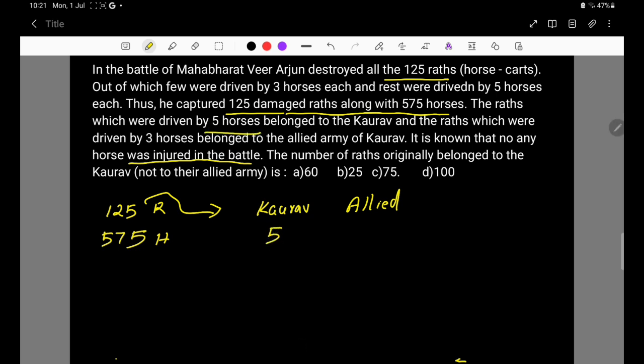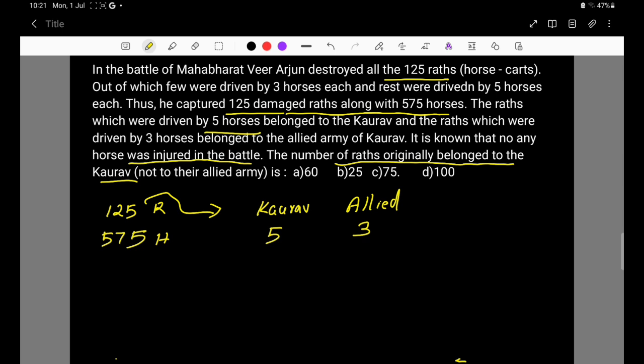Raths belonging to the allied army were driven by 3 horses. So we have to calculate the number of Raths originally belonging to the Kaurava. How many Raths belong to Kaurava? This we want to calculate.